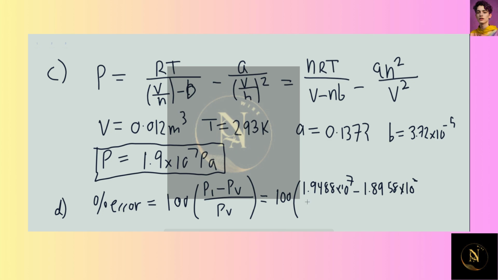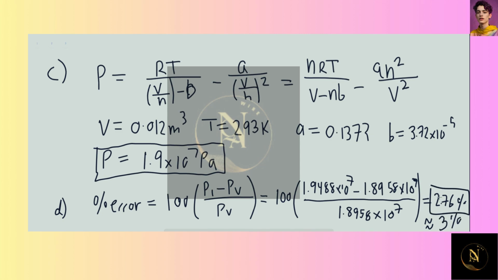So I just listed these as 1.9 each in part B and C, and that's sufficient, but now we have to be a little bit more precise. And once we calculate this, we end up with 2.796%, which is approximately 3%, which is what we were asked to do. And that's it. We've confirmed it.